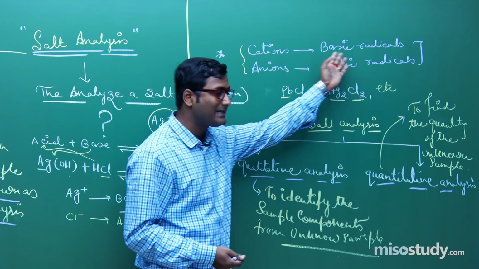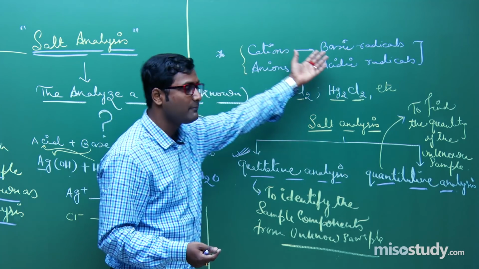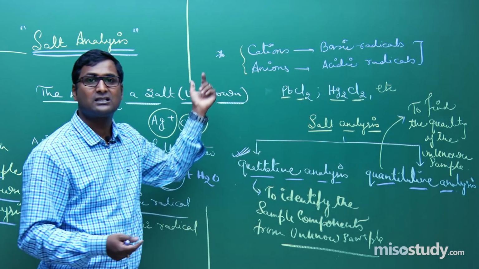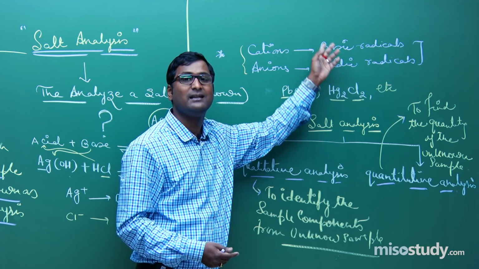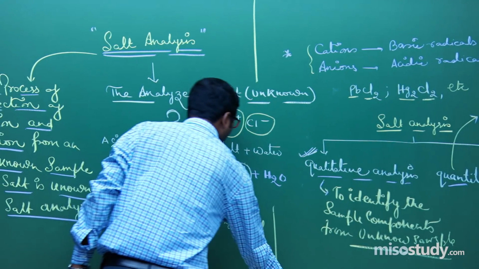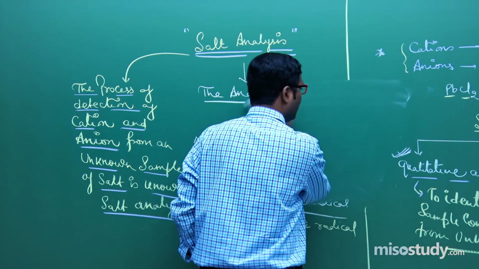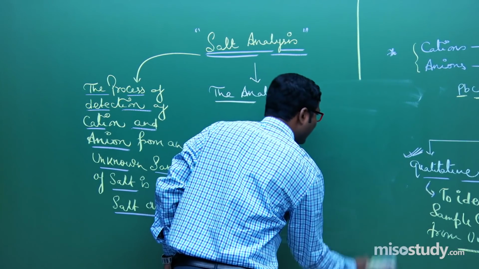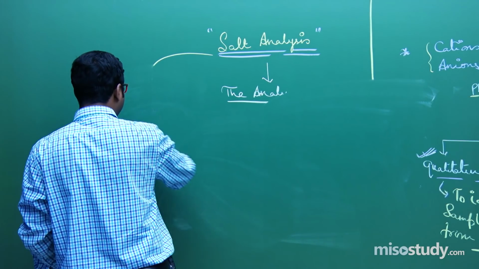Cations are basic radicals, anions are acidic radicals. Why are cations basic radicals? Because in a salt, cations come from the base and anions come from the acid. Now, friend, I am going to discuss the next thing. The question arises, qualitative analysis is further classified into two types, that is, how to do qualitative analysis.